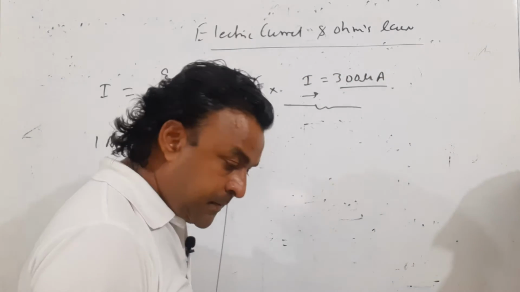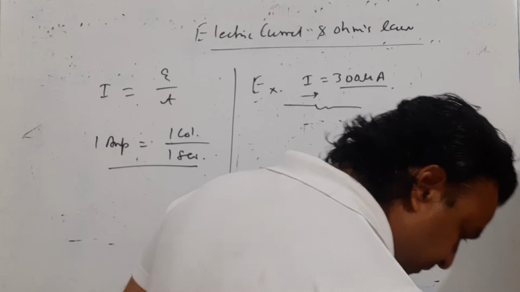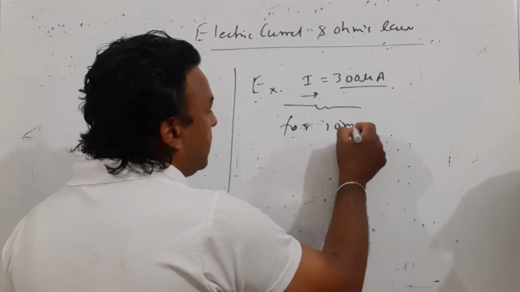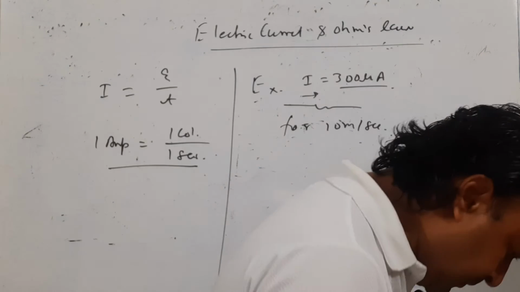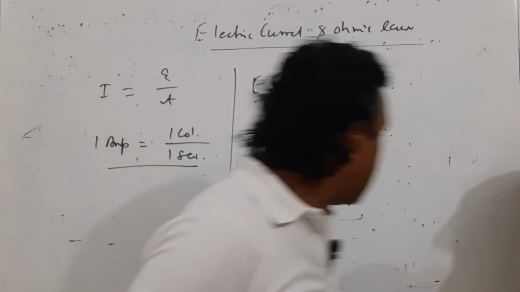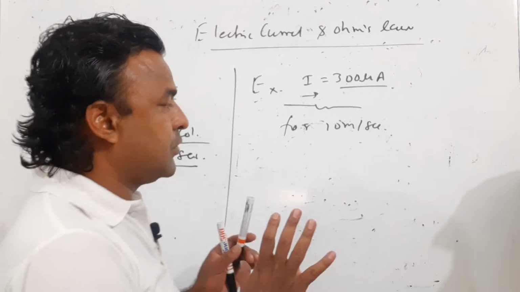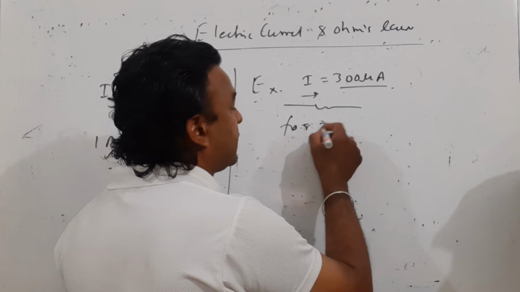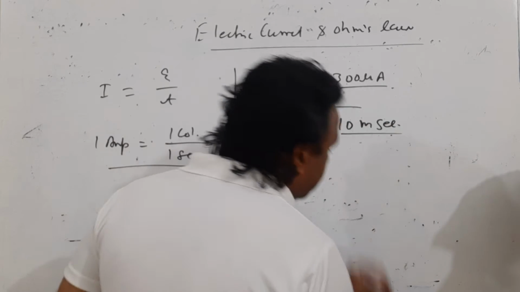The question is this: 300 microampere current is flown for 10 milliseconds, for 10 milliseconds.